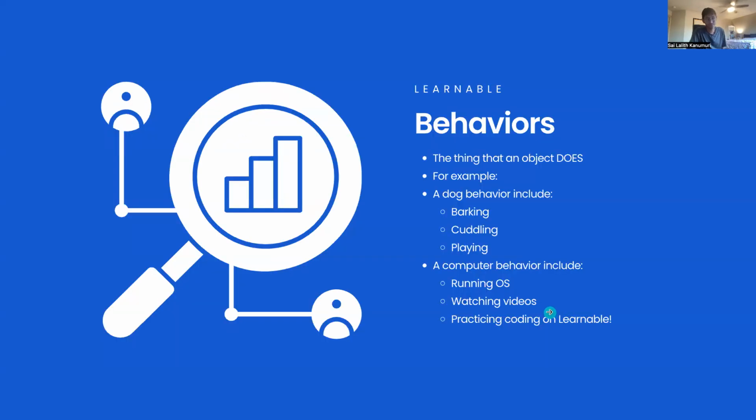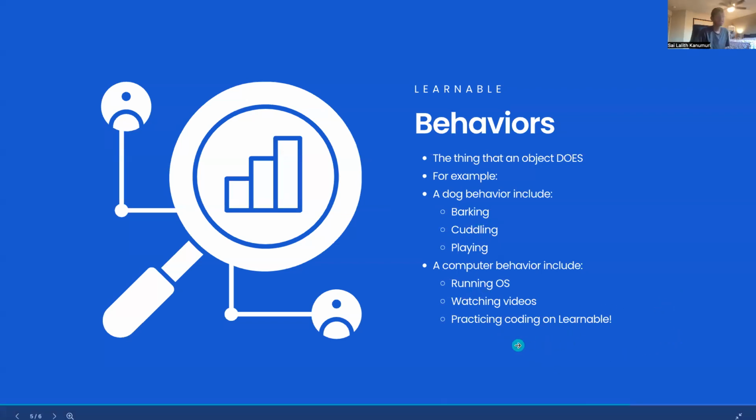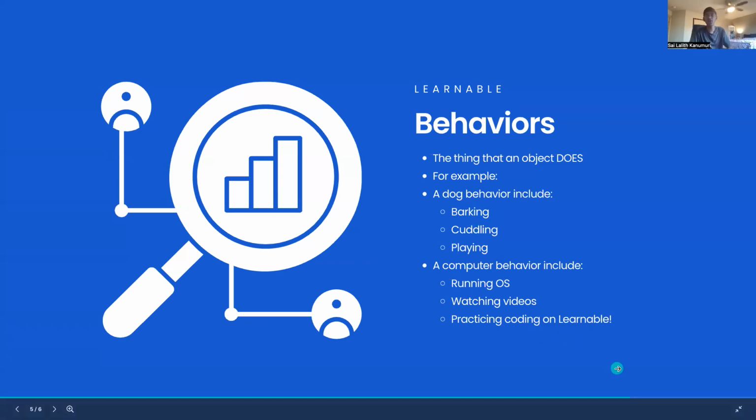And there are also behaviors, the things that the object does. For example, a dog's behavior might include barking, cuddling, playing. A computer's behavior might include running an OS, watching videos, practicing code. All of those are behaviors. Behaviors are what an object does, while attributes are what an object has. Huge difference.